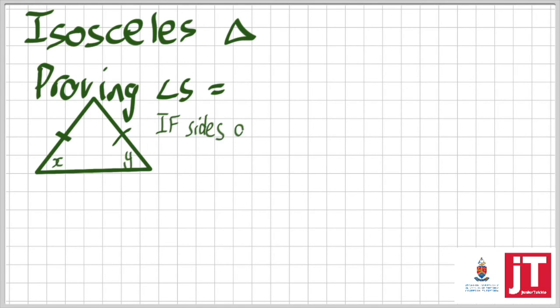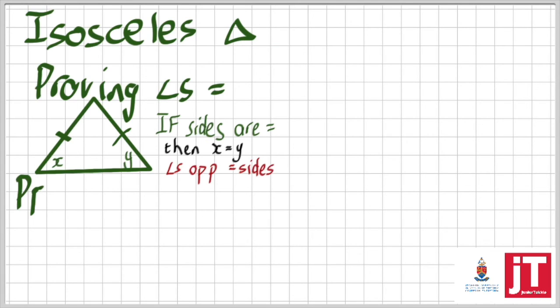That if the sides are equal, then the angles opposite them are also equal. And our reason would be that it is angles opposite equal sides. If you're in a public school, they are strict on these reasons. IEB schools can be more lenient, but please speak to your teacher. Your teacher will tell you what is the acceptable reason to use.